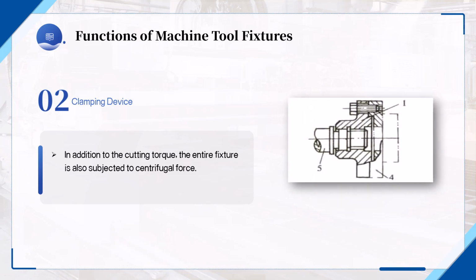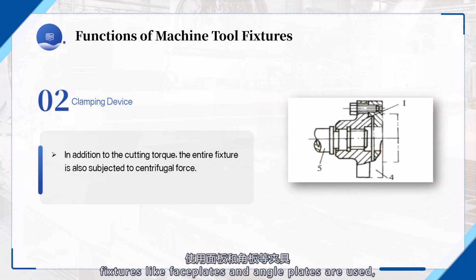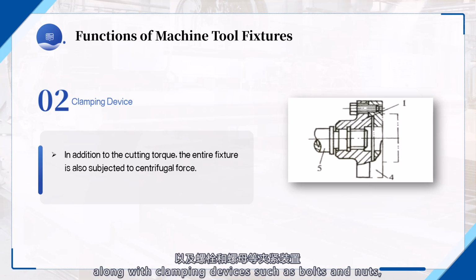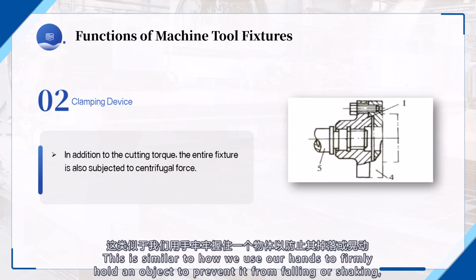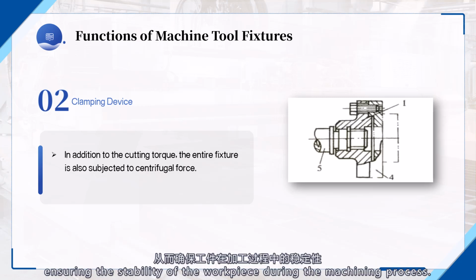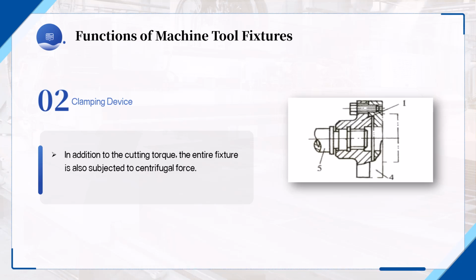For instance, when machining disc-shaped parts, fixtures like faceplates and angle plates are used, along with clamping devices such as bolts and nuts to tightly press the workpiece onto the fixture. This is similar to how we use our hands to firmly hold an object to prevent it from falling or shaking, ensuring the stability of the workpiece during the machining process.